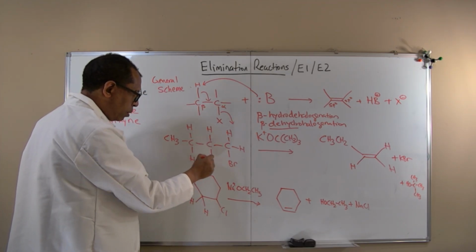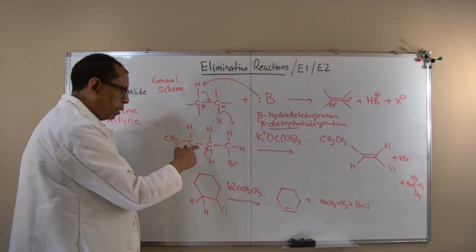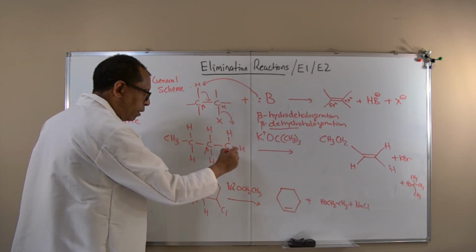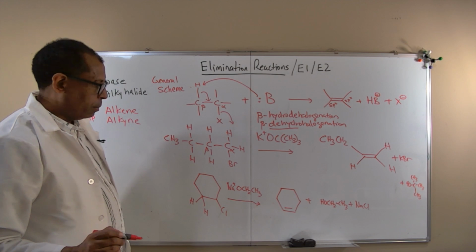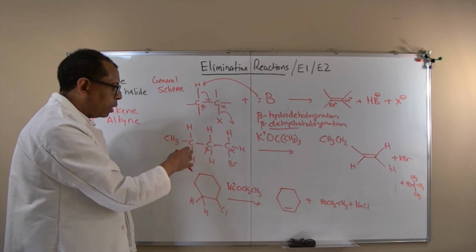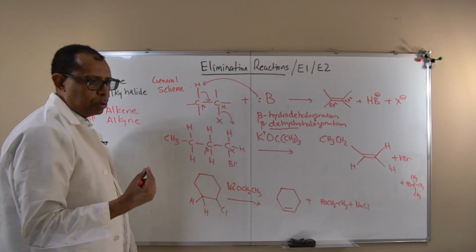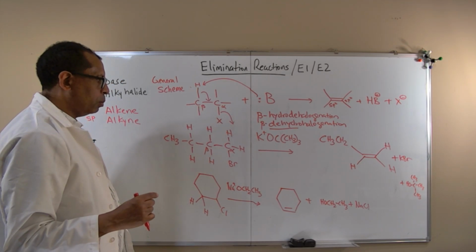Here you have a hydrogen, one of the two hydrogens on a beta carbon. This is an alpha carbon. The alpha carbon contains the halide, and the beta carbon contains at least one hydrogen for the elimination to work.